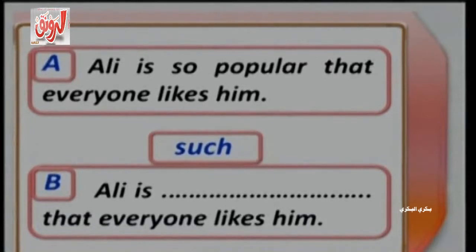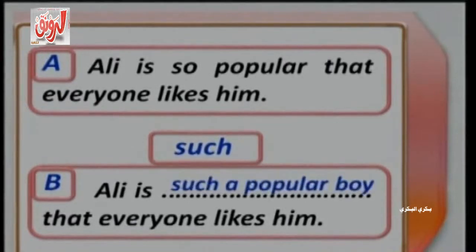Ali is so popular that everyone likes him. We can replace so by such, and we should remember the rule that I have already mentioned. See here, B. Ali is such a popular boy that everyone likes him. The other part of the sentence doesn't change. The only change happens in the first part.